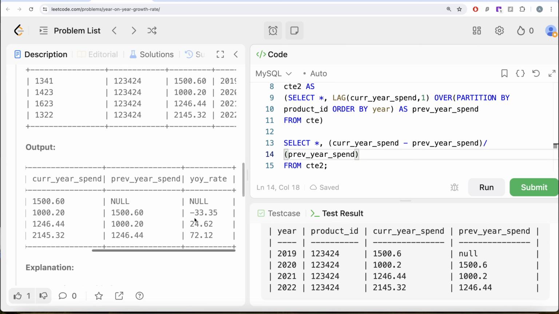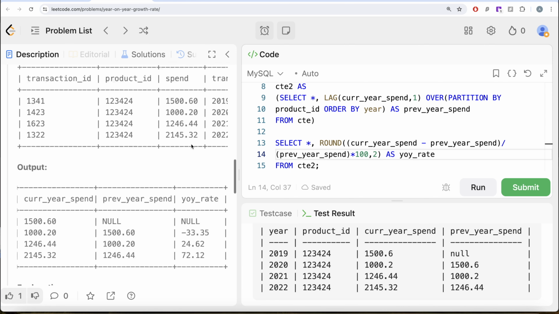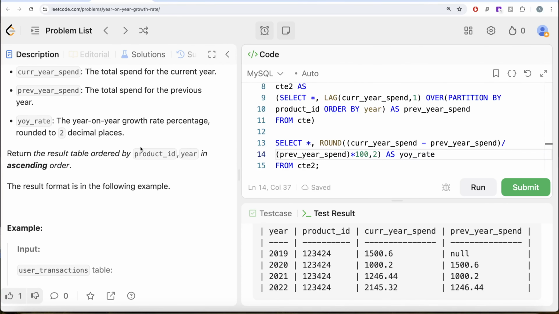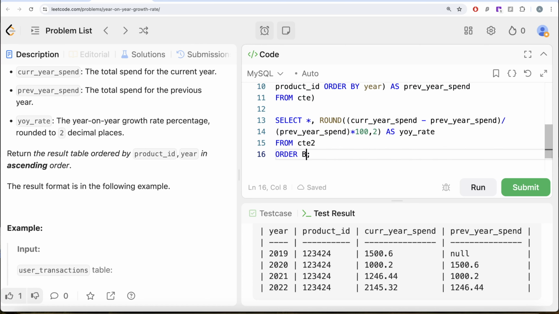If you look at our output, we need the year on year rate percentage, so this should be multiplied by 100 and should be rounded to 2 decimal places, and this entire thing should be aliased as year over year rate. And this is not completed. Why? Because we also need to order the result by product ID and year. So order by product ID as well as the year part.